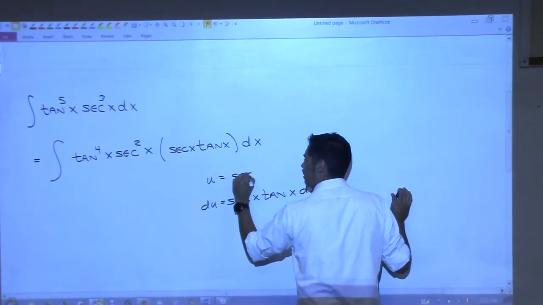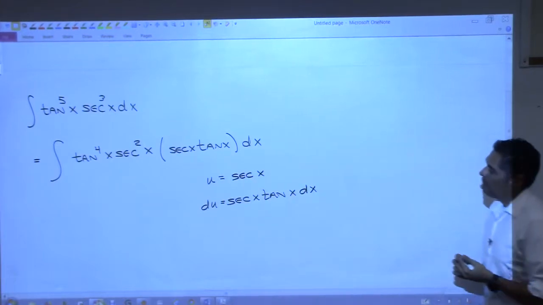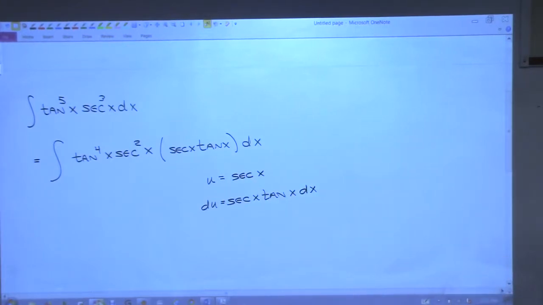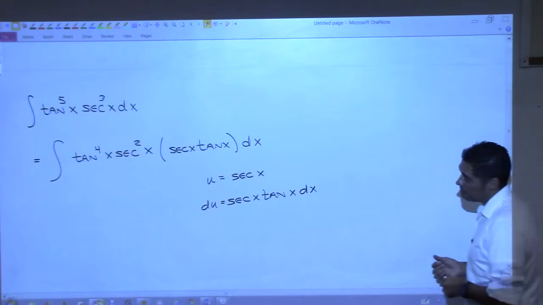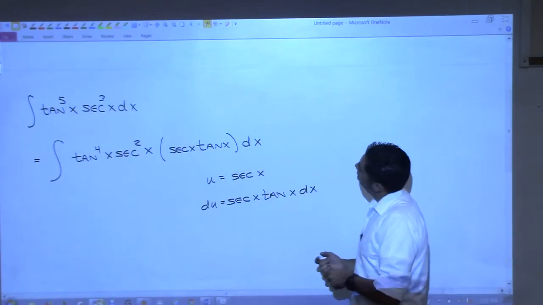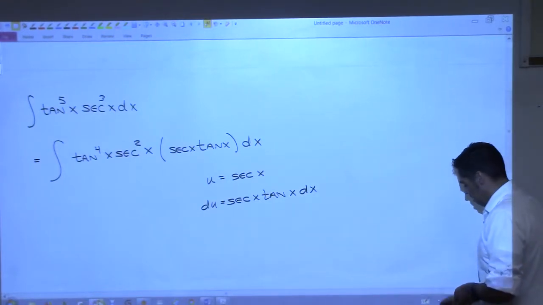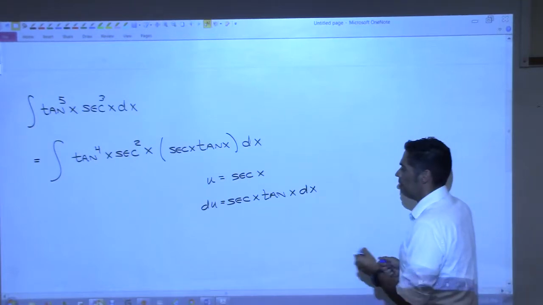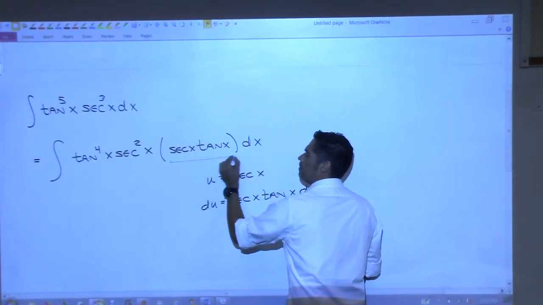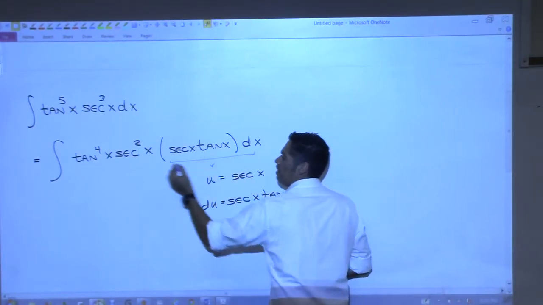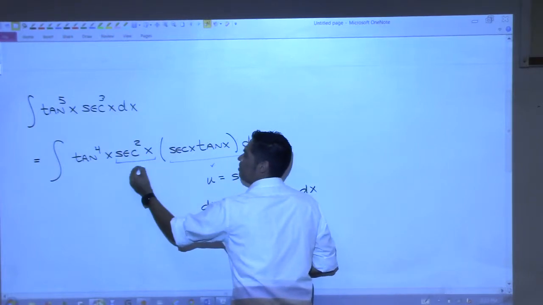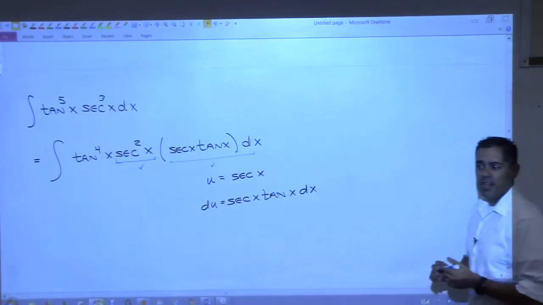Secant x. So this right here, that's du, that's good. This right here, that's going to be u squared, yes? And the tangent to the fourth?